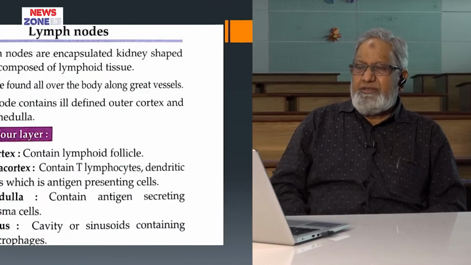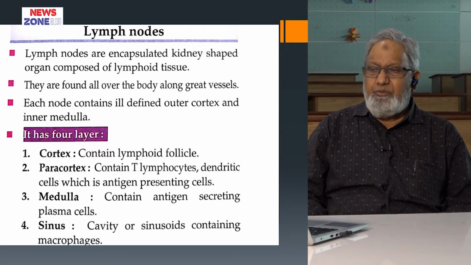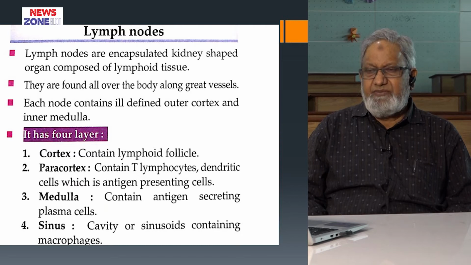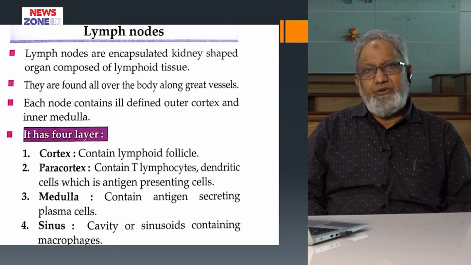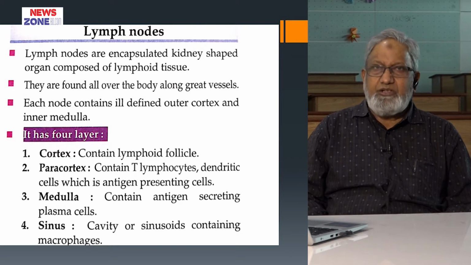The lymph nodes are encapsulated, kidney-shaped organs composed of lymphoid structures. They are found all over the body, mostly along the great vessels. Each lymph node has an outer cortex and an inner medulla.